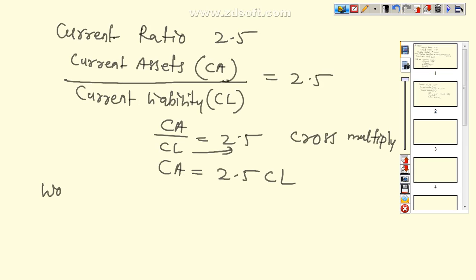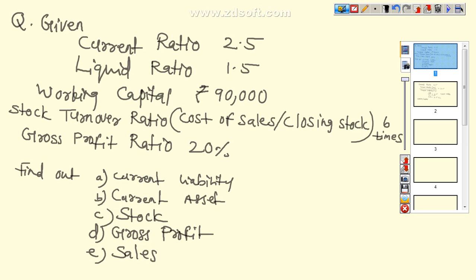Working capital. The difference between working capital and capital is that capital is the initial investment made by the proprietor or owner of the business, but working capital is the capital required to run the day-to-day operations of the business. So working capital is the difference between current asset and current liability. According to the question, working capital is given, that is equal to rupees 90,000.